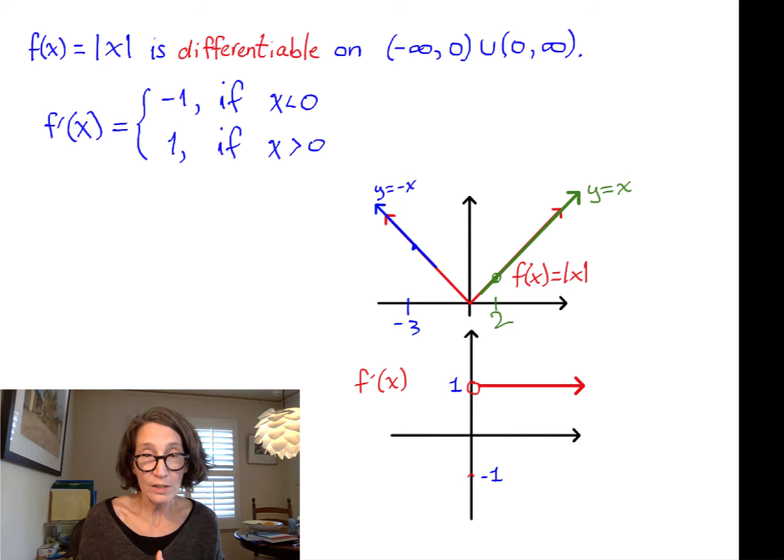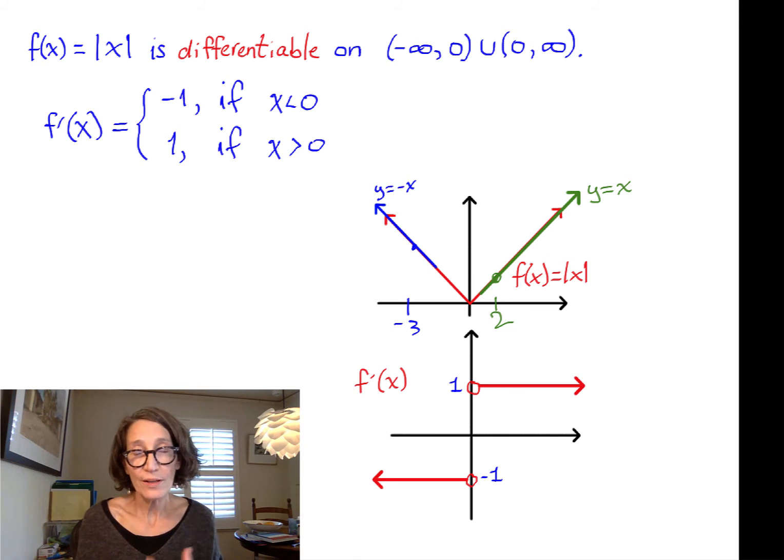So it looks like this. It's got two pieces, and notice it's not defined at x equals 0. We have two rays pointing in opposite directions. One of them is the ray y equals -1. The other one is the ray y equals +1. And notice we don't have a point at x equals 0. That's because we don't have a derivative there.